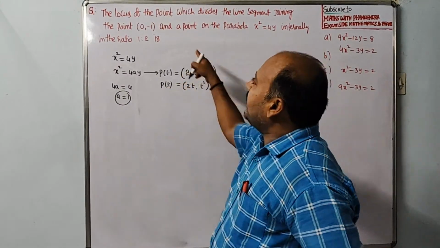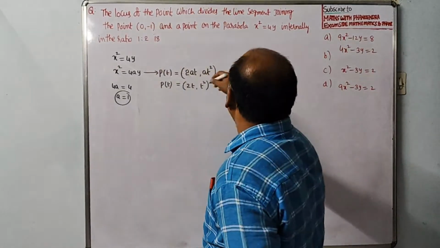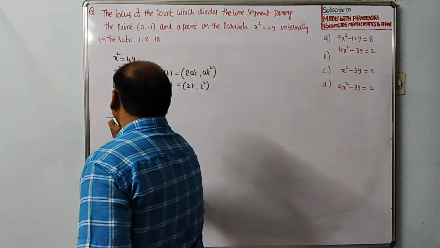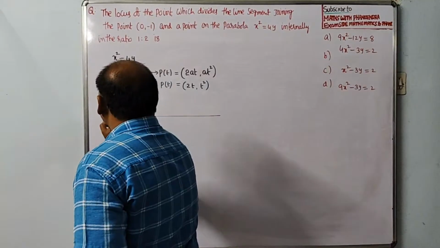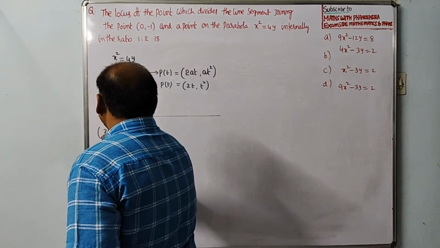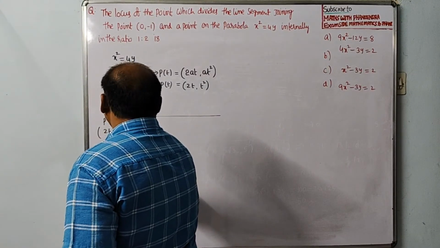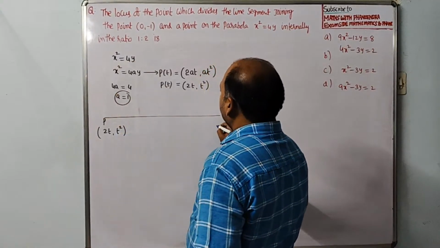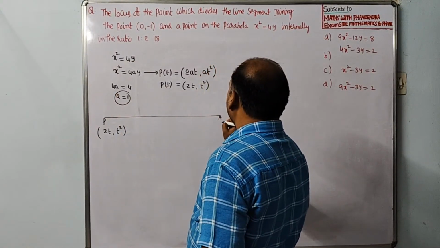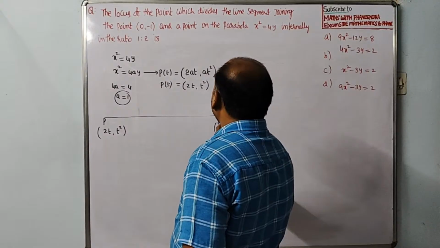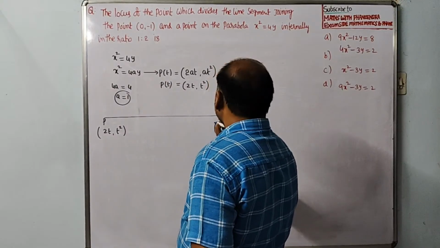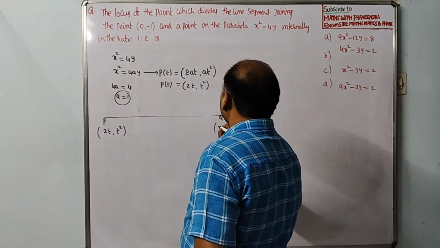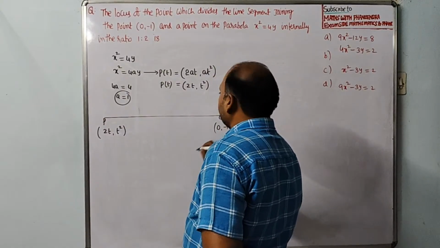This point and this point, the locus point is going to divide. This point P I am taking (2t, t square), and the given point I am taking as Q, that is (0, -1).